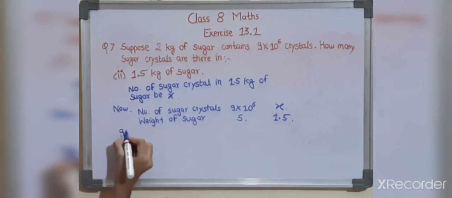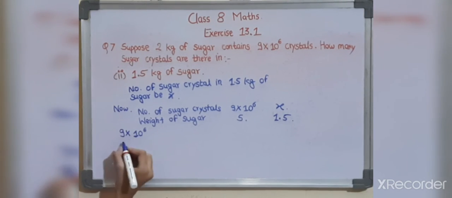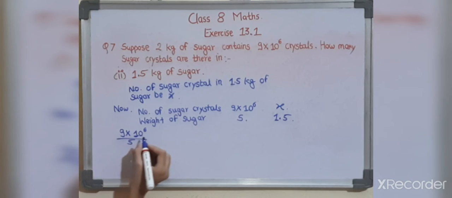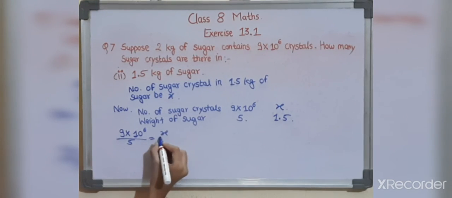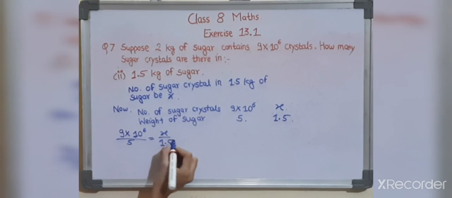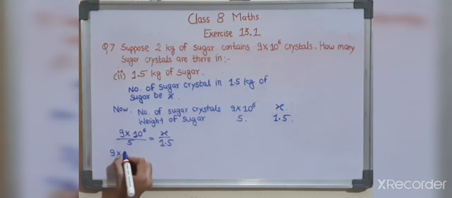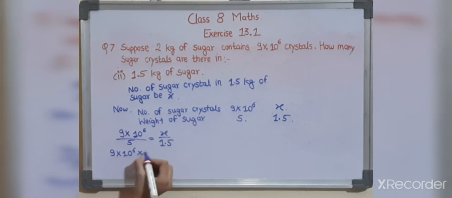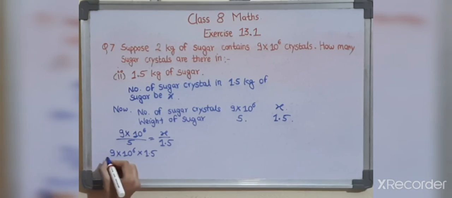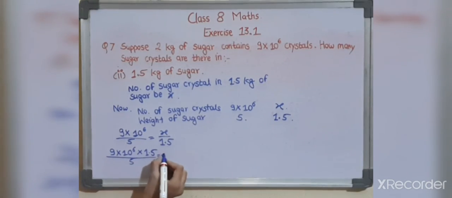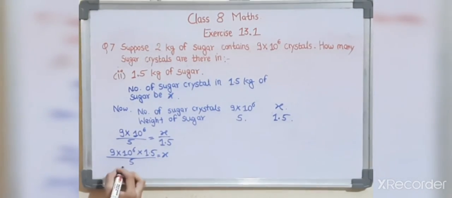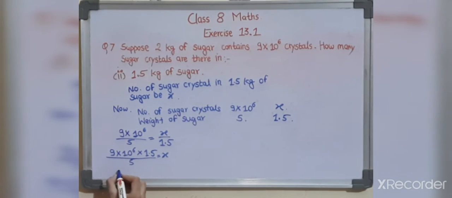So as it is in direct proportion, 9 into 10 raised to power 6 upon 5 is equal to x upon 1.5. 9 into 10 raised to power 6 into 1.5 upon 5 is equal to x. And further division, it becomes 5.4 into 10 raised to power 6.